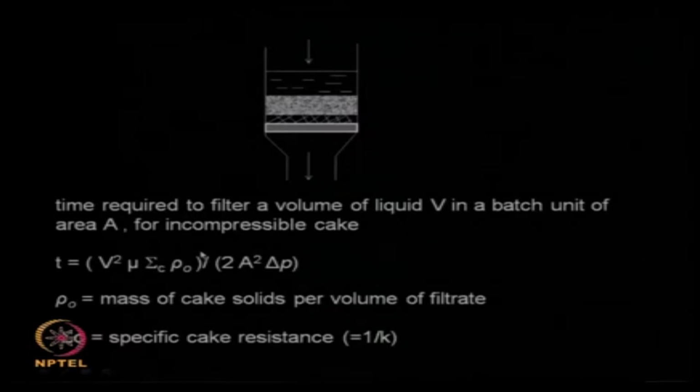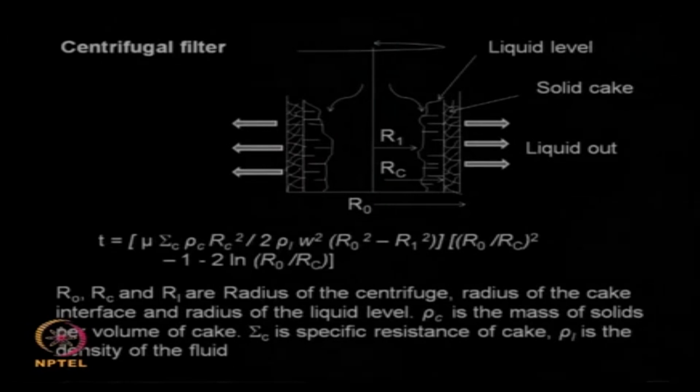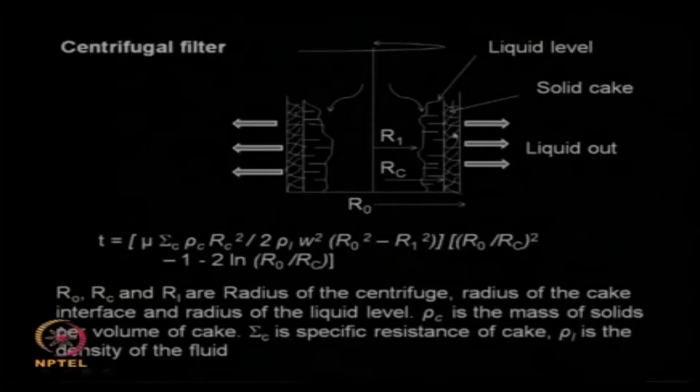Now similarly you also have an equation for a centrifugal filter. The centrifugal filter, I think I explained in the previous classes, can be used to filter solids using a centrifuge. This filter contains a porous basket, and the cake is formed along the periphery of the cylindrical portion of the centrifuge.